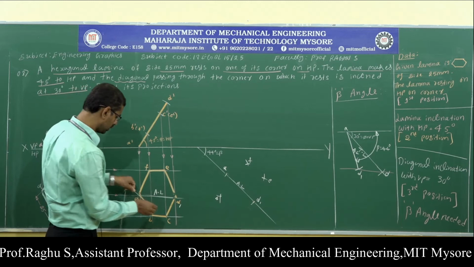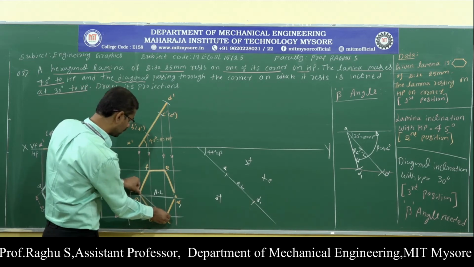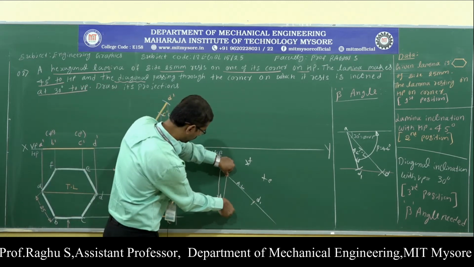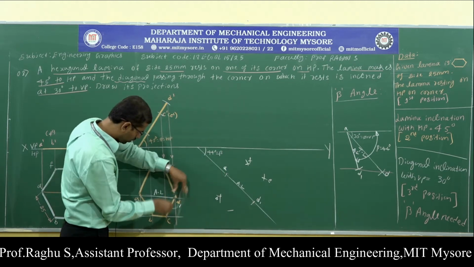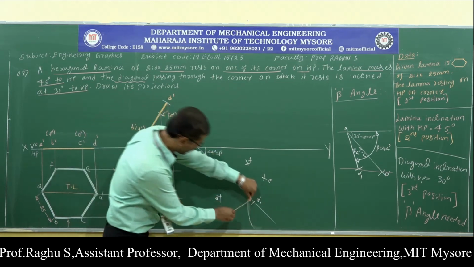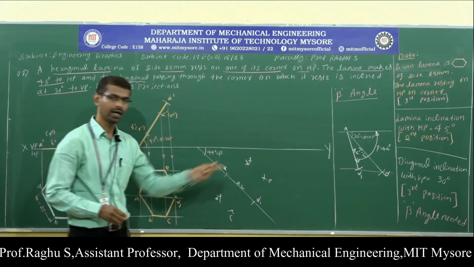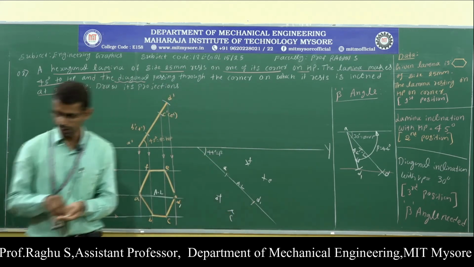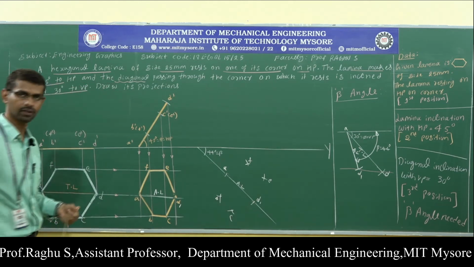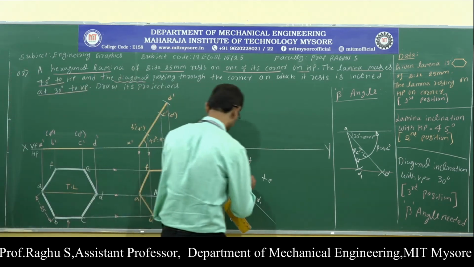Similarly, measure the distance from A to C, cut an arc, then measure the distance from D1 to C, cut an arc to get point C. Now connect all the corners using dark lines. So we will get the diagonal inclination with respect to VP.